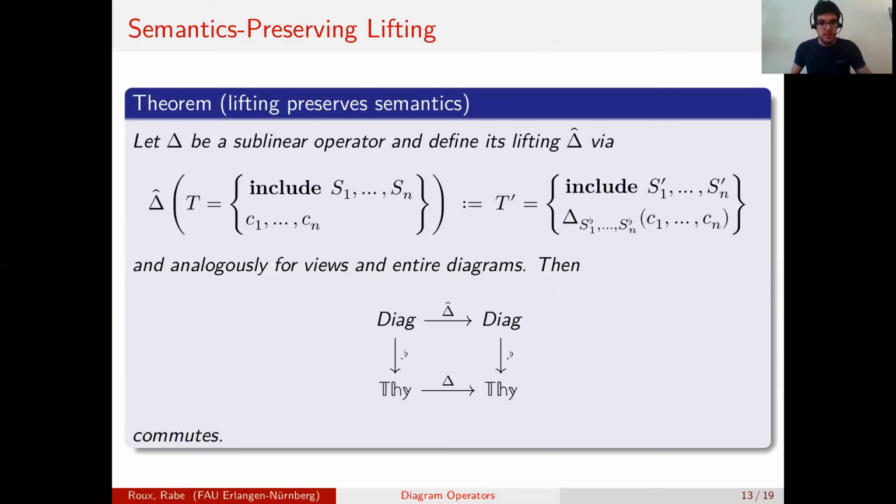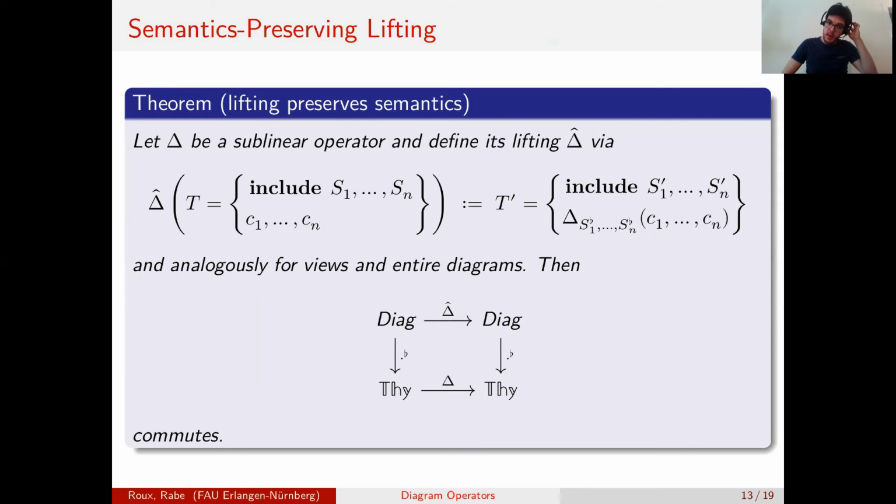So if a theory includes theories S1 to Sn, then we recurse into S1 to Sn and apply the sublinear operator on the flat parts. We can extend that for views and diagrams, of course.